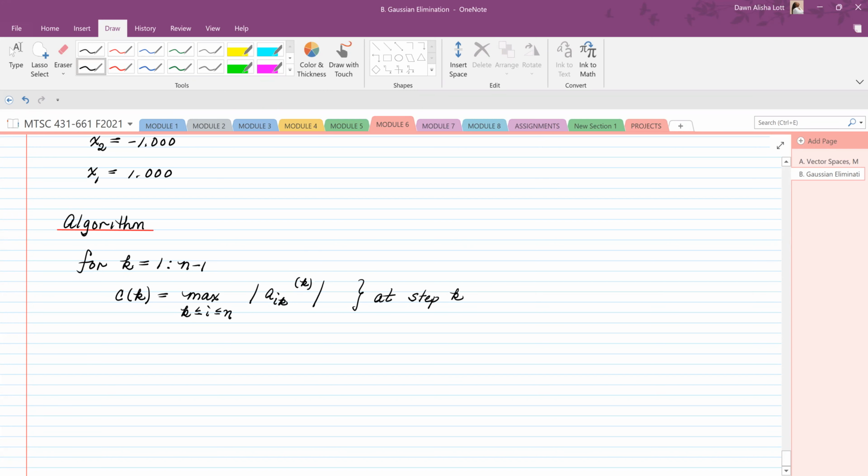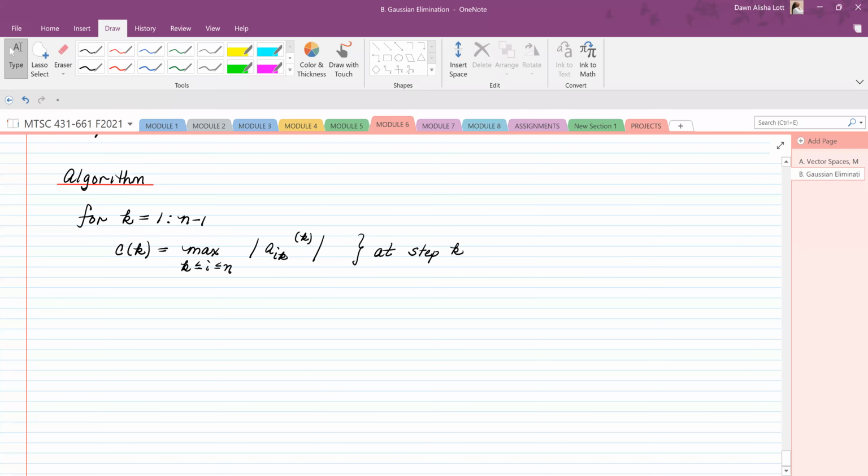Okay, so we'll find that max. So if i is bigger than k, then switch rows Rk with Ri and proceed with step k.